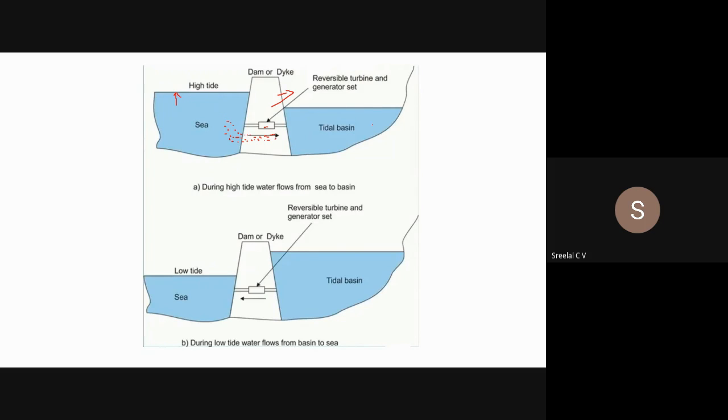We are collecting the water which comes here at the time of high tide. Simply we can say this is a reservoir, and that reservoir is known as tidal basin. At the time of high tide, the flow will be from the high level to the low level. Then at that time the turbine will be rotating and we will be getting the electricity.